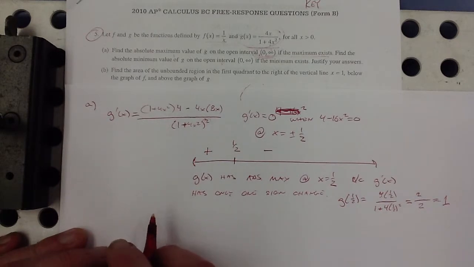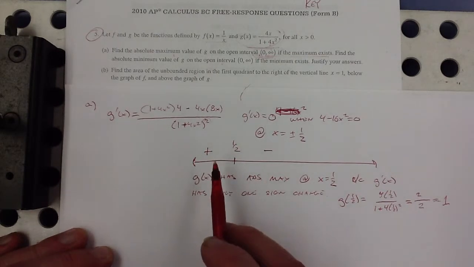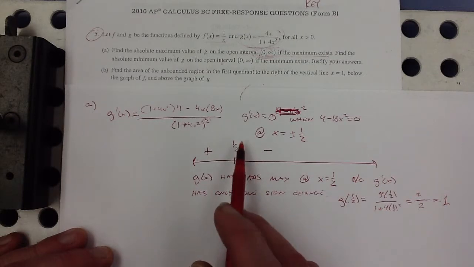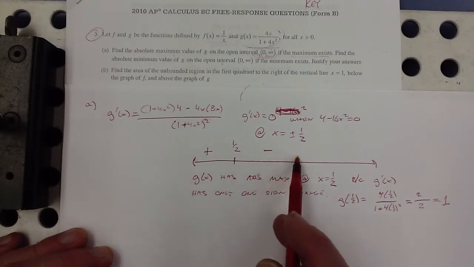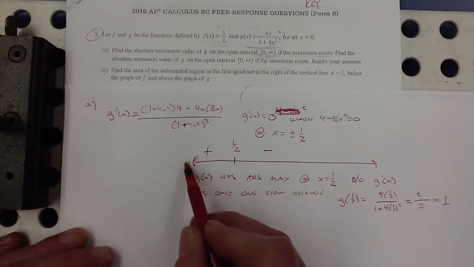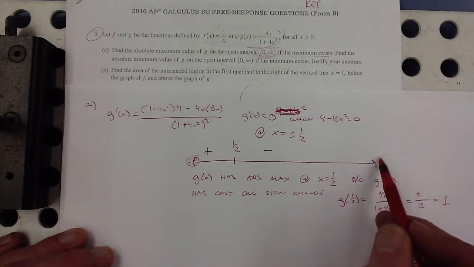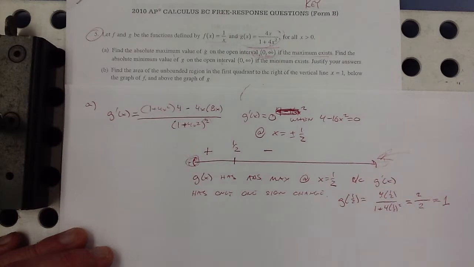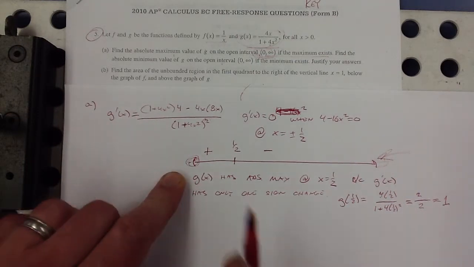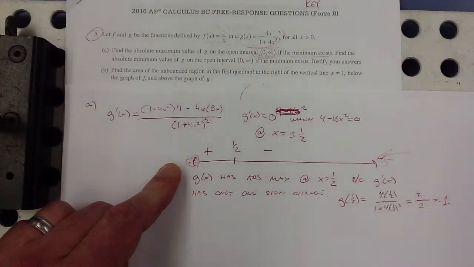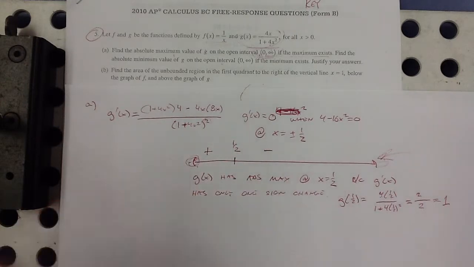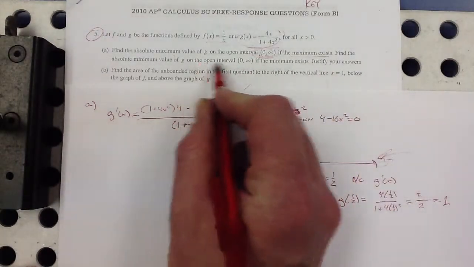Now we want to also look for minimums. Well, this is decreasing. The two candidates would be here and whatever. This isn't really a candidate, because we're never getting to infinity. But we would have to check out that limit. Actually, no, we can't have a minimum because it's an open interval.